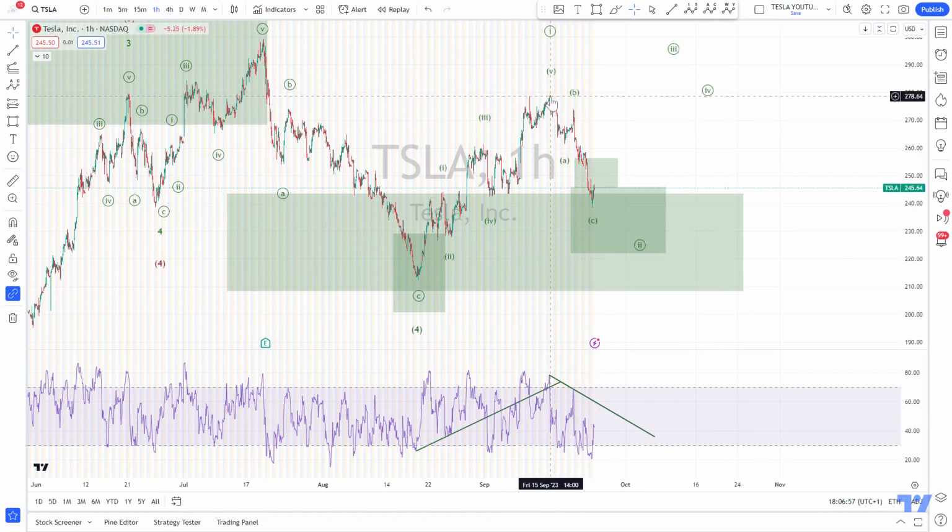We need some more data, but I would not be surprised if this low holds here, or that we only have a marginal break and that we start to see more upside. I would not say immediately, not from here, because if I look at the bigger picture, it still looks like the Nasdaq has to break this low. But that does not mean that Tesla has to break this low.